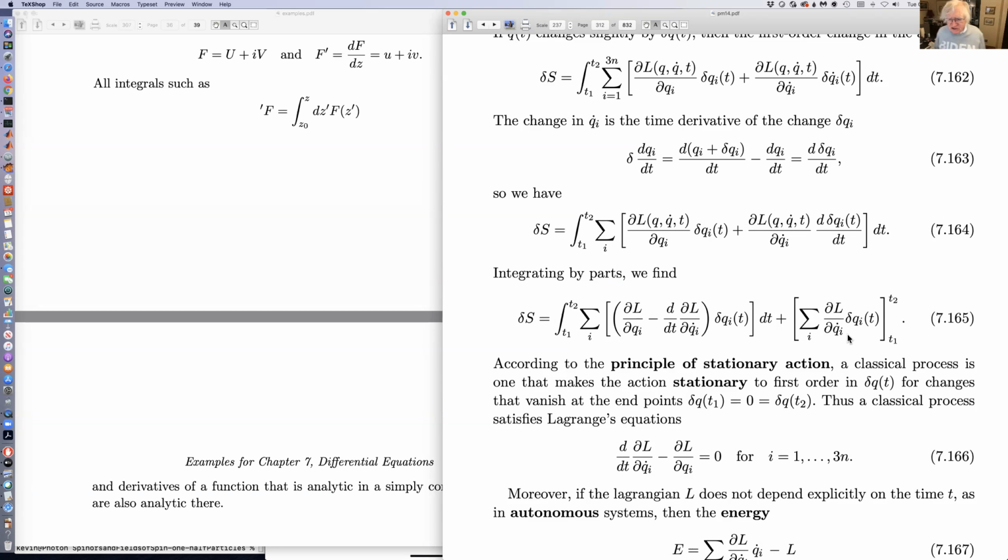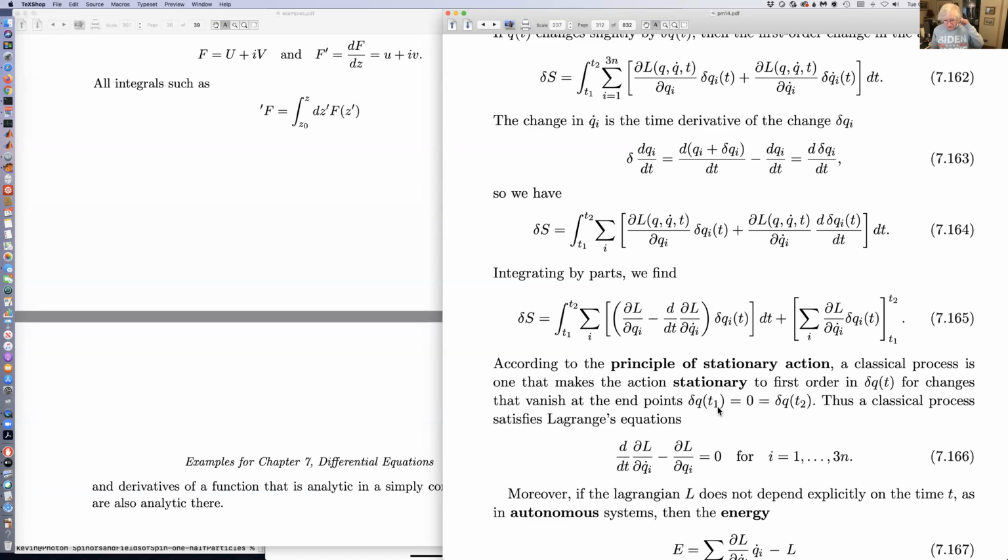The principle of stationary action then says, okay, forget about the end terms, only consider changes in the process that go from the same initial point, Q1, to the same final point, Q2. In other words, you keep the endpoints of the process fixed. You don't vary them.